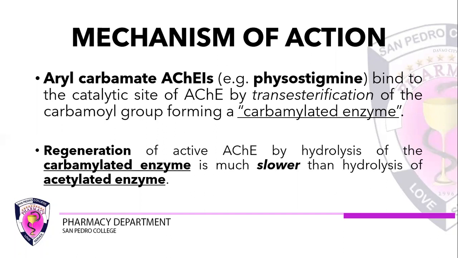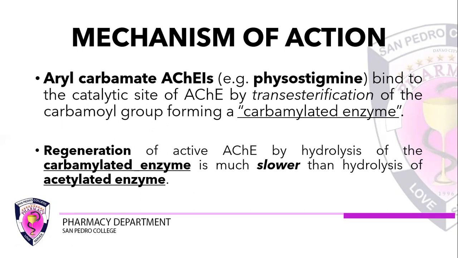However, our newer agents are not focused more on acylation because, once again, the acetoxy group is not stable. So we have newer agents, those aryl carbamates. The presence of a carbamate functional group, for example, in the drug physostigmine.